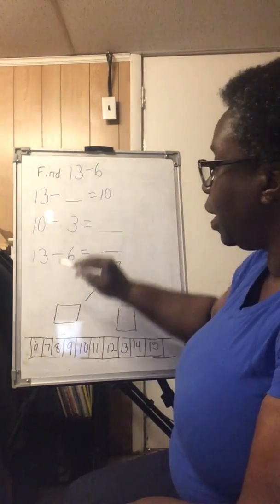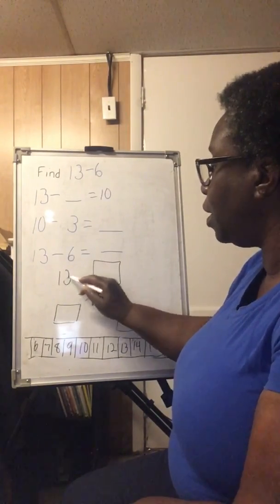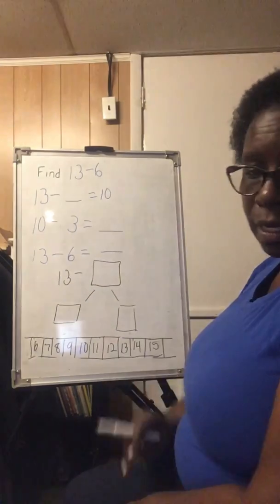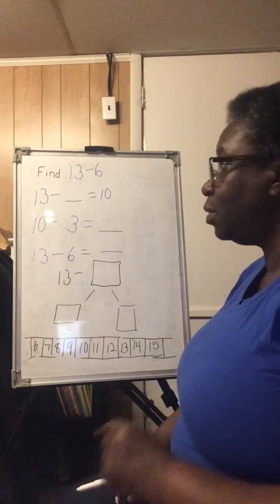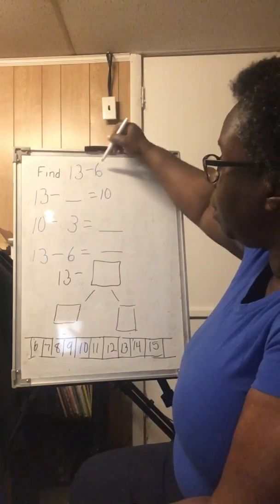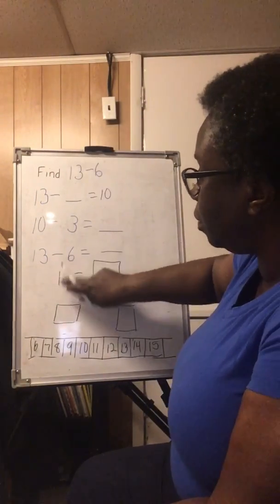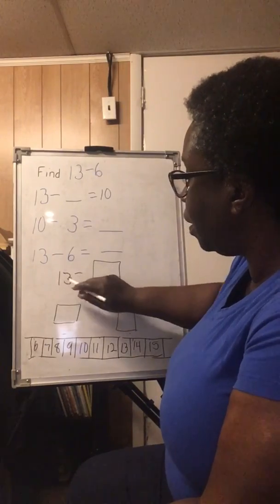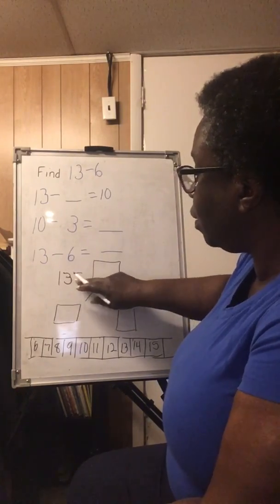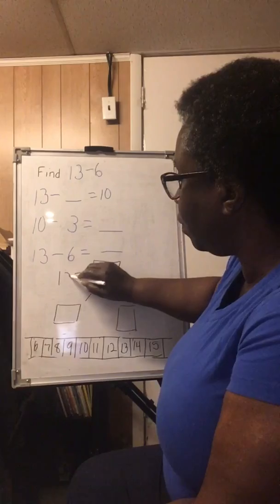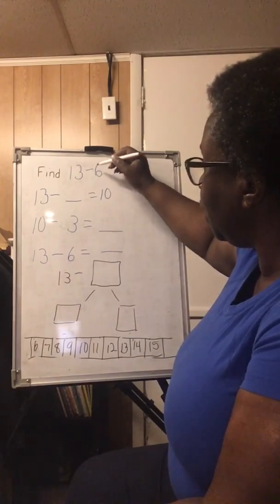And then we're going to write our equation. 13 minus what? Equals, okay? So we got 13 minus what? So we know that we're dealing with the 13. Let's make that a better 3. A 13. And then we got minus 6.